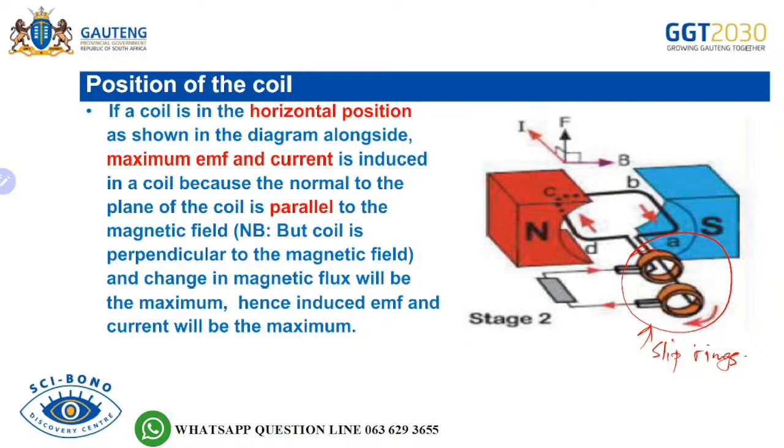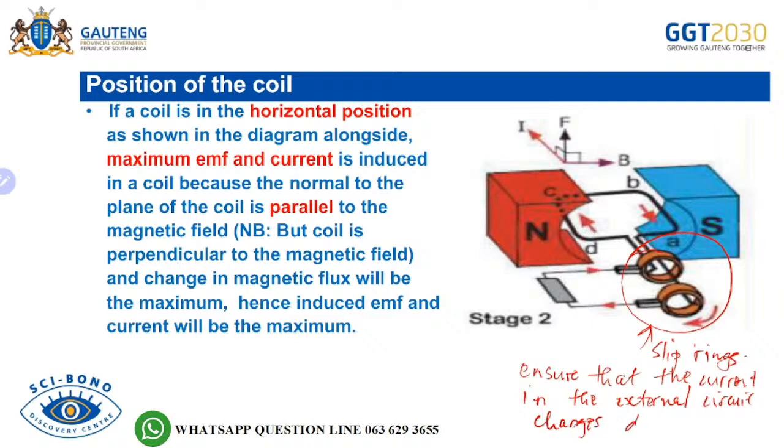Another thing which is important, learners, is to know the function of the slip rings. When it comes to a generator, the slip rings ensure that the current in the external circuit changes direction after each half turn.